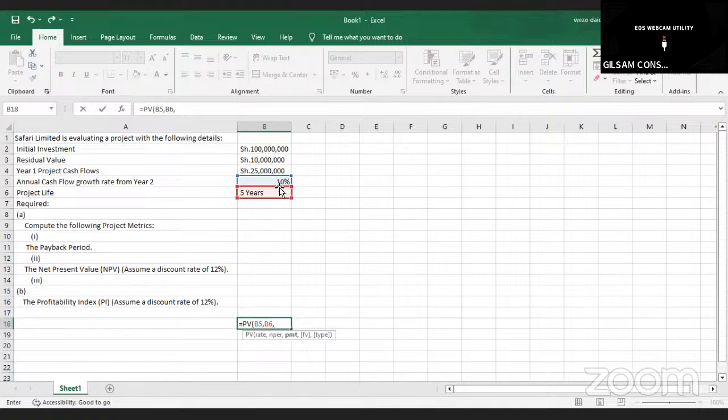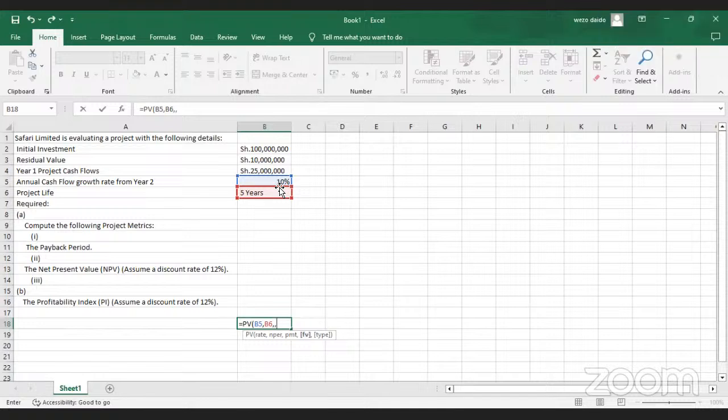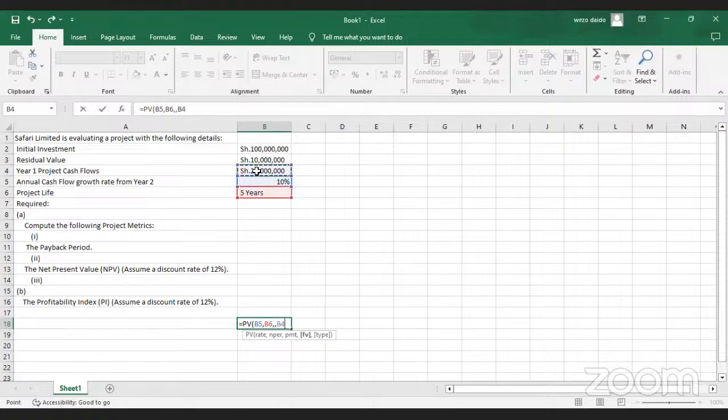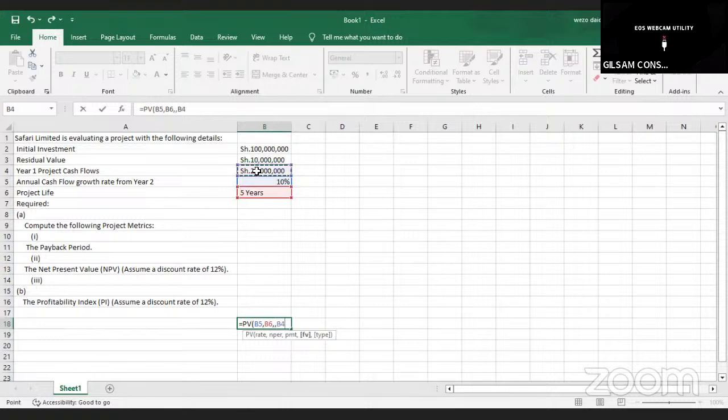Comma. Another comma. Yes. After another comma, the present value. Yeah, the future value, because that is the projected cash flow, it will be future value 25 million. Enter.